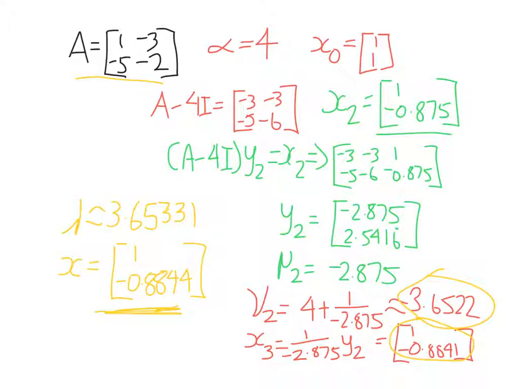All of those things, though they can be tedious by hand, well, really, the solving of a system of linear equations by hand was the thing that took the time. But all of those things can be done by a computer quite quickly. And it only took a few iterations of this method to get really close to the actual eigenvalue and eigenvector. So that's why this method is so powerful.